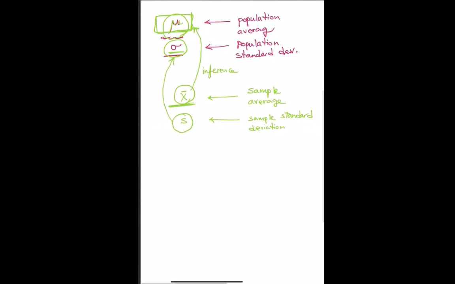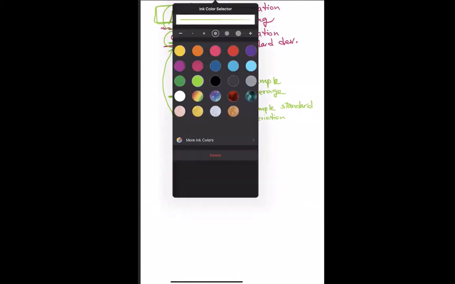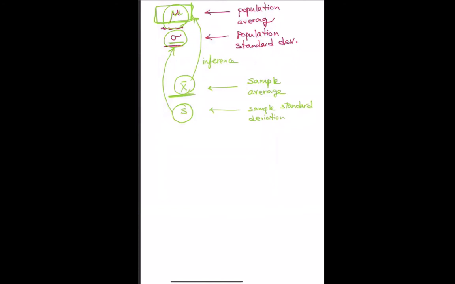When we want to run a test of hypothesis, similar to building a confidence interval that we looked at in the previous session, the very first question that you have to ask yourself is: is the standard deviation of the population known, or is it not known?